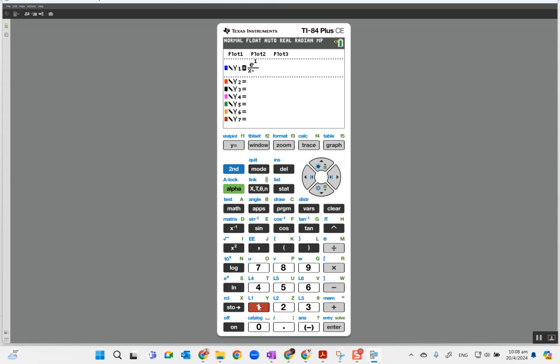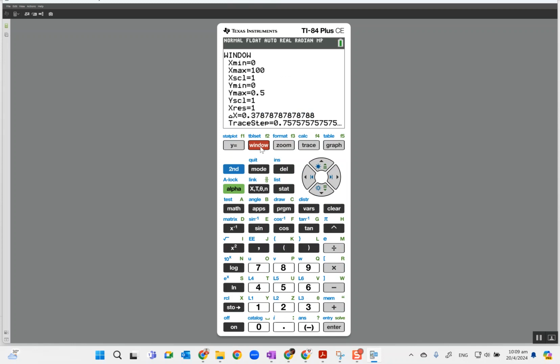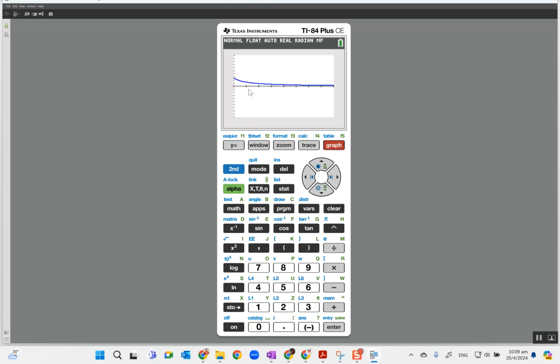Now remember that your domain is from 2 to infinity. So go to your window: your x minimum starts at 2, your x maximum goes to 10, and your y minimum should be the default, minus 10 to 10. It will give you a better representation in the graph. Then you press graph, and it looks like this.